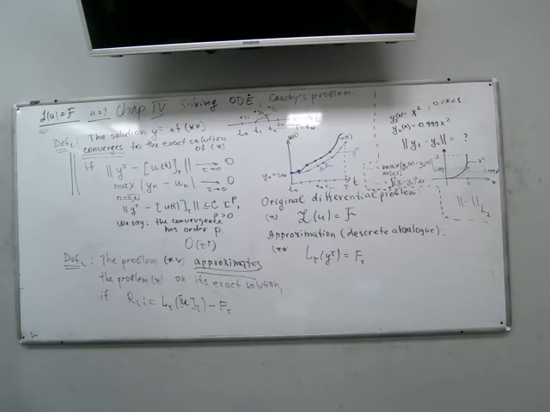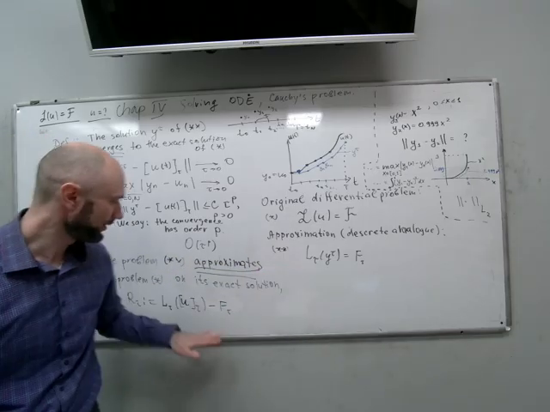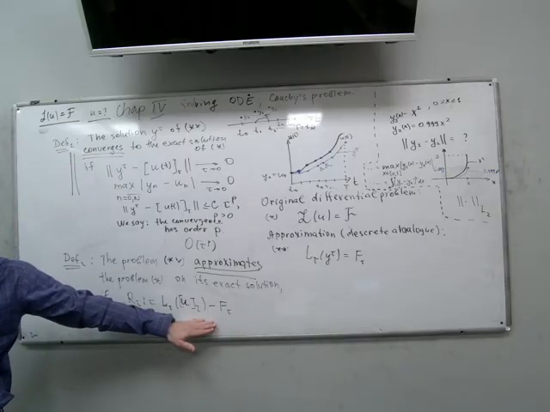Why? Why am I saying that? Why is this not going to be zero? It's not going to be zero. Why?